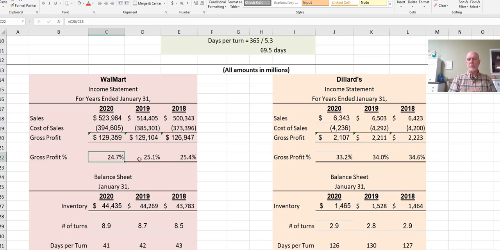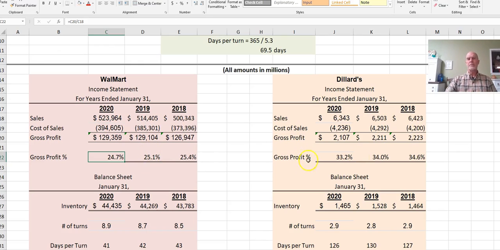And that would be pretty reasonable because we understand Walmart to be low price. That's their strategy, is to be low price. Instead of making a whole bunch on each item, they're just trying to sell a whole bunch more, so they'd have lower prices and more volume.